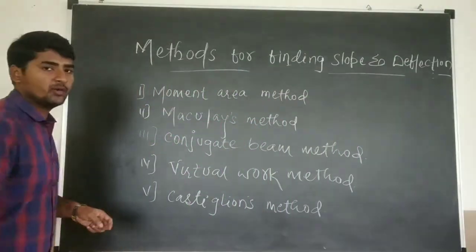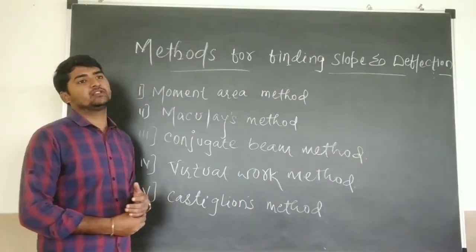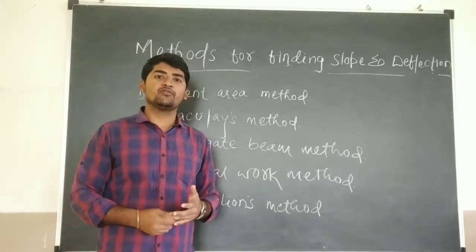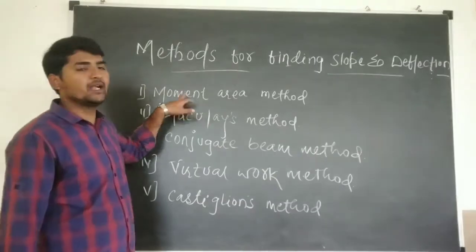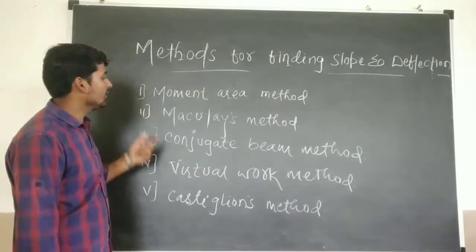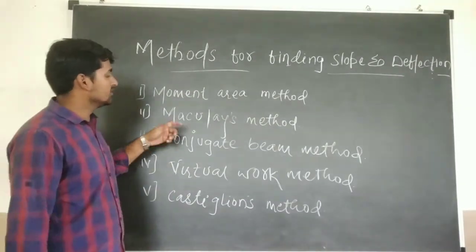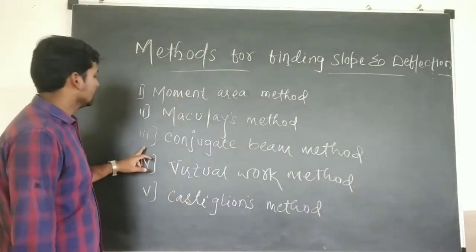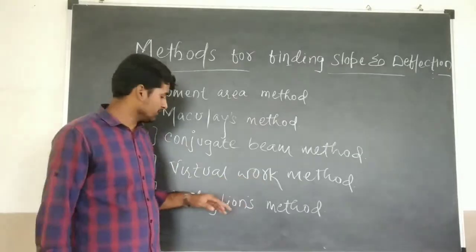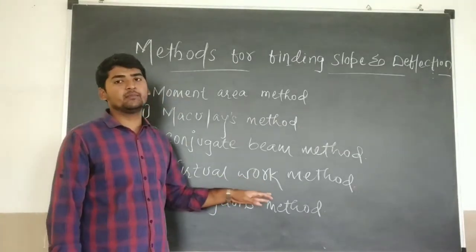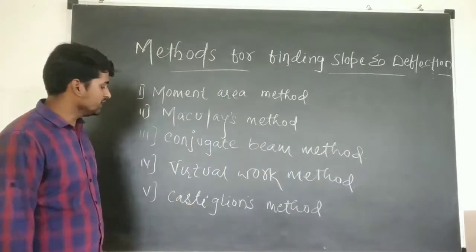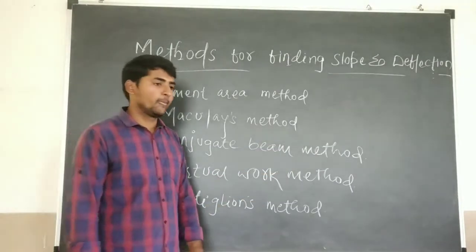The most important methods generally used for beams as well as frames are: the first one is the moment area method, the second one is Macaulay's method, sometimes called the double integration method, the third one is the conjugate beam method, the fourth one is the virtual work method, or unit load method, and the fifth one is Castigliano's method.